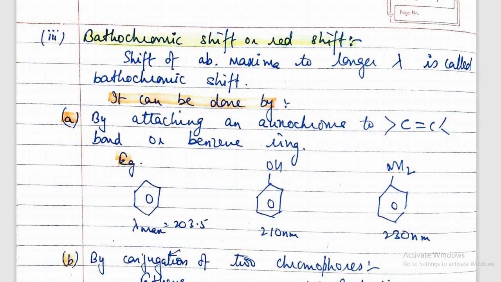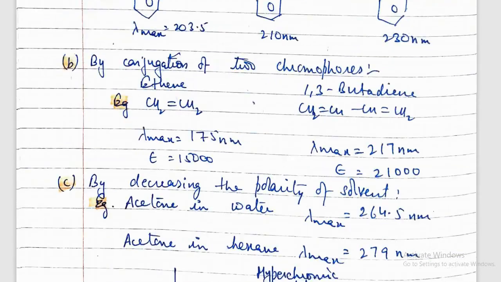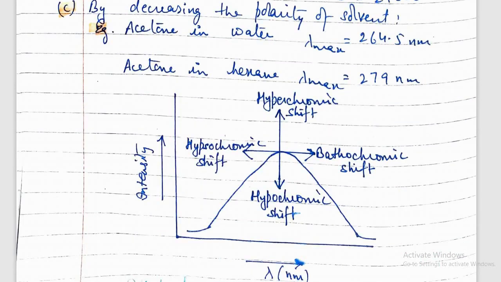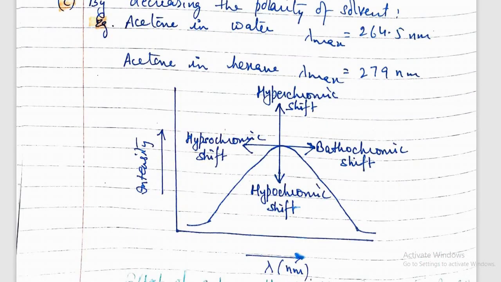So next is bathochromic shift. Bathochromic shift is also called red shift. It is a shift in which the absorption maximum shifts towards longer wavelength. First we see it through a diagram in which we can clearly define the four types of shifts. It is bathochromic shift.